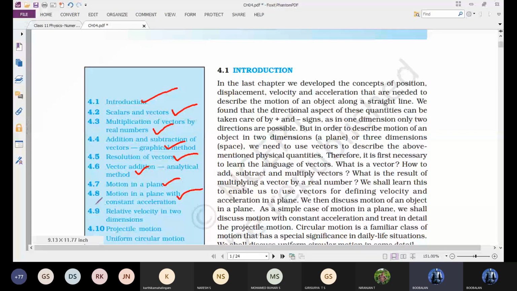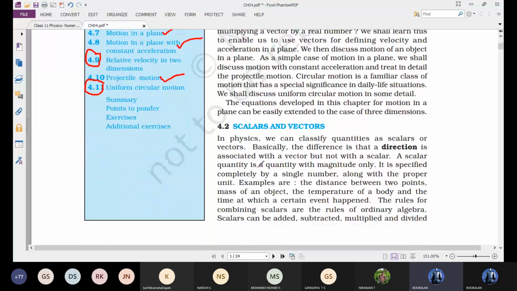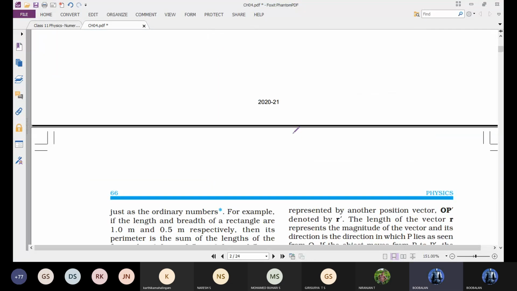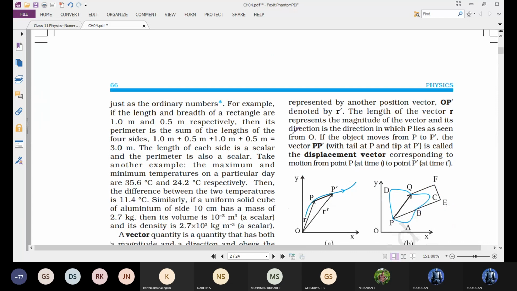So relative velocity is incomplete. Projectile motion completed. Uniform circular motion incomplete. So only 2 topics remain; all the other topics we completed. In this chapter only scalars; in the next chapter we'll get vectors also.